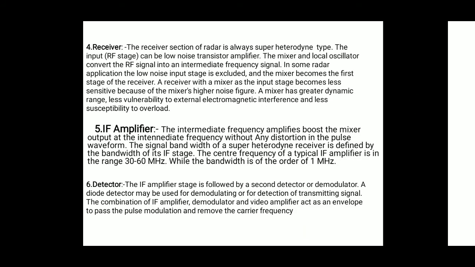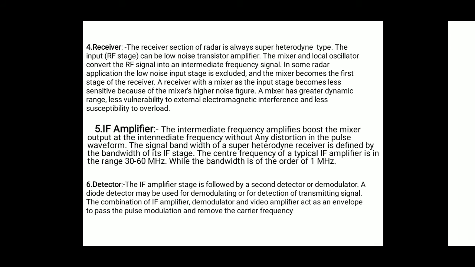Receiver. The receiver section of a radar system is always a superheterodyne type, including the local oscillator. The input RF stage can be a low noise transistor amplifier. The mixer and local oscillator convert the RF signal into an intermediate frequency signal.